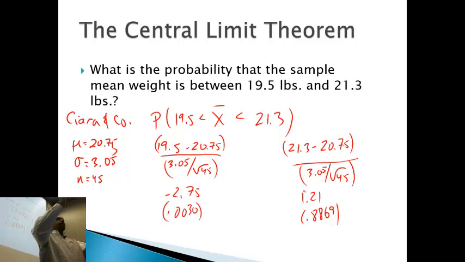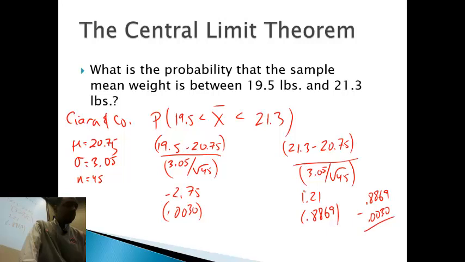And because you want the area in between those two, you subtract them. 0.8839 is what I get. Yes, that's what I get.